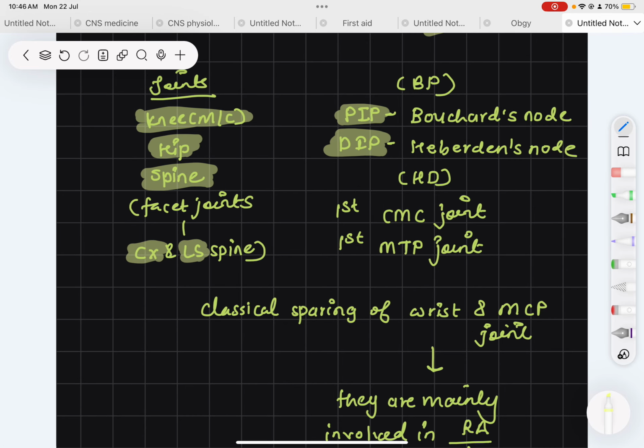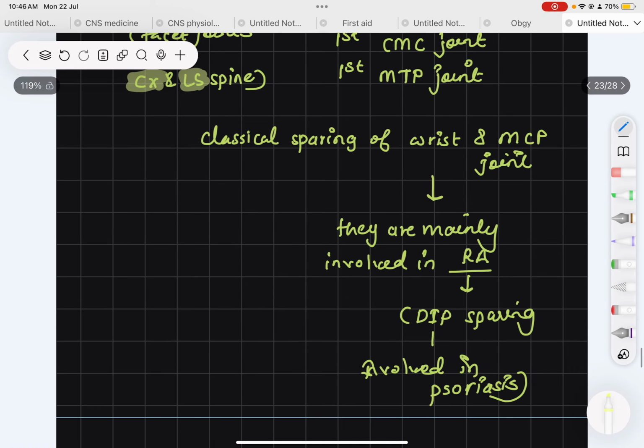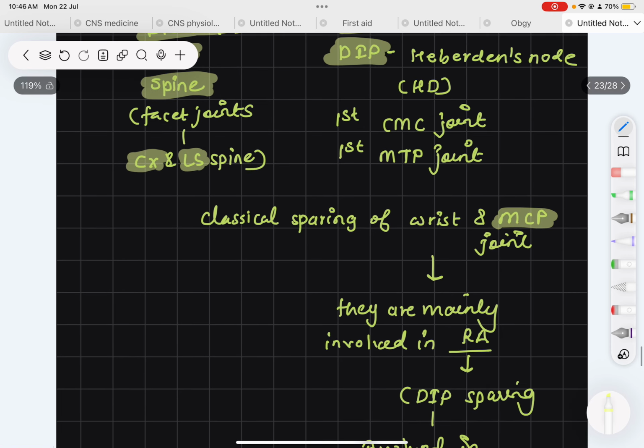Now the first thing we have to learn is that after the interphalangeal joints we know there is the metacarpophalangeal joint, but it is not involved. In the carpometacarpal joint also, only the first carpometacarpal, at the base of the first finger, that is our thumb, is going to be affected.